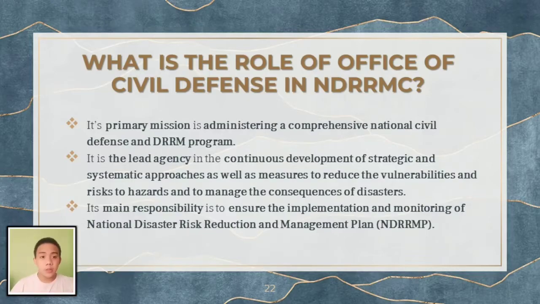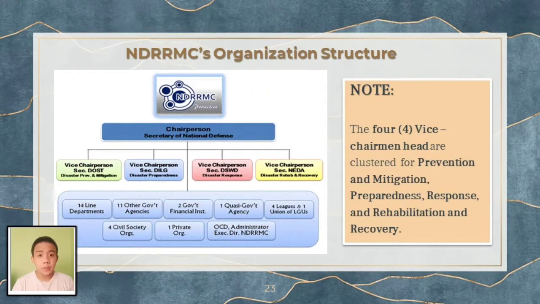And the last one, its main responsibility is to ensure the implementation and monitoring of the National Disaster Risk Reduction and Management Plan, or NDRRMP, with the overall responsibility of approving the NDRRMP and ensuring that it is consistent with the NDRRMF.